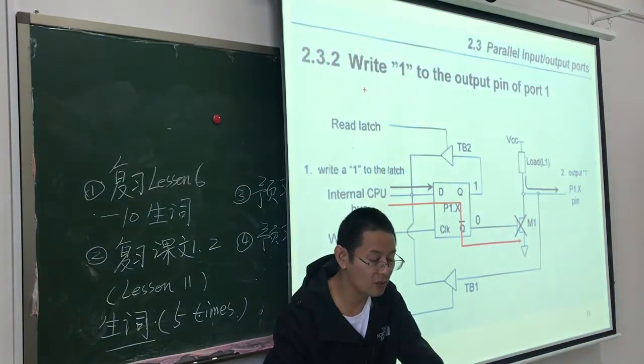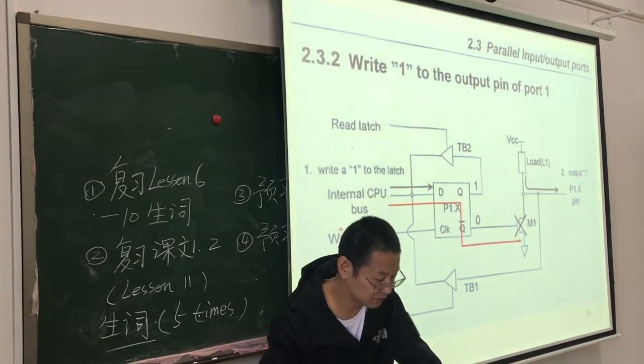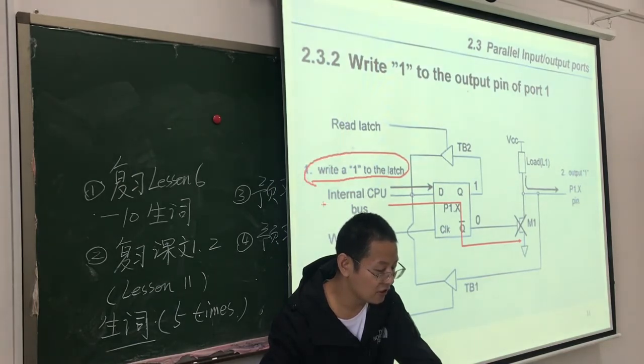This figure shows writing 1 to the output pin of port 1. Write 1 to the latch: the CPU writes 1 to this register.